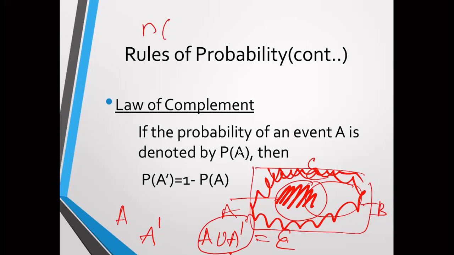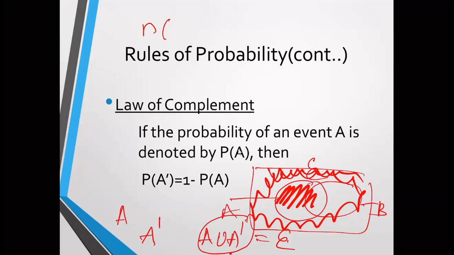Are they mutually exclusive or not? If they are mutually exclusive, that means there should not be any common elements for both A and A dash. So are there any common elements in these two regions? There is no common element. A and A dash are two mutually exclusive events.